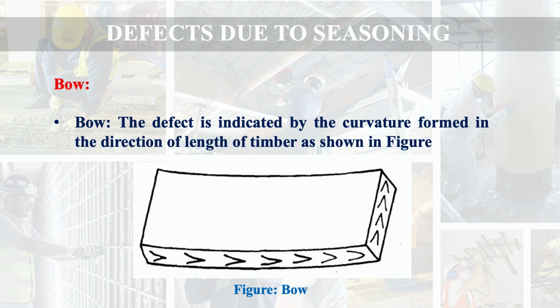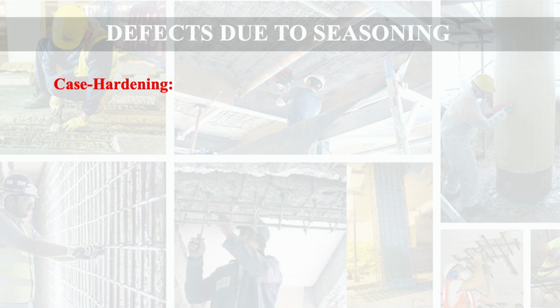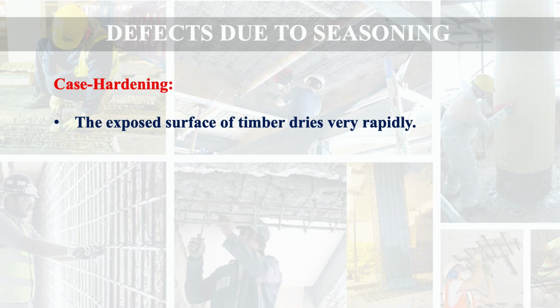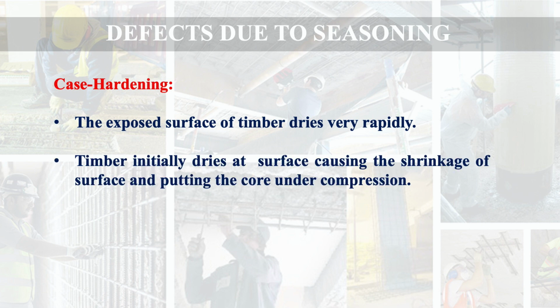Next defect is case hardening. Case hardening describes timber that has been dried too rapidly. Wood initially dries from the surface, shrinking the surface and putting the core under compression.